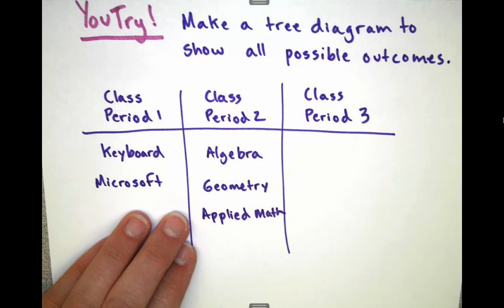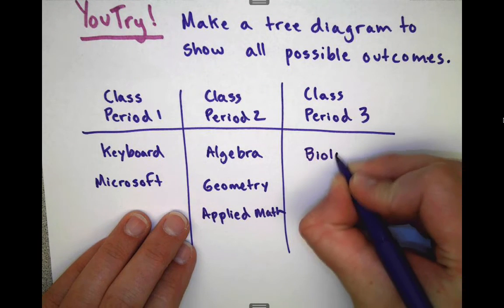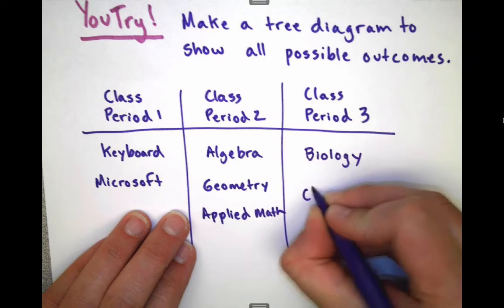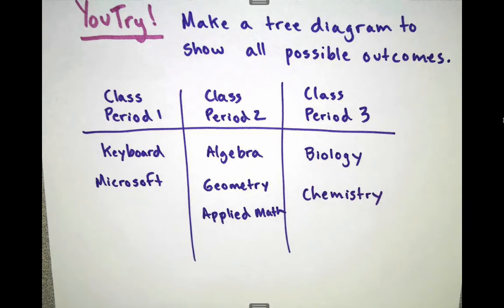And then for class period 3, it's your science choices, and science choices this year are biology, or you can take chemistry. All right, so at this point, you're going to pause your device again, and you're going to make a bigger tree diagram to represent this situation. And how many actual options are there for your schedule if you were scheduling your 3 classes? So go ahead and hit the pause button right now and see if you can do this.